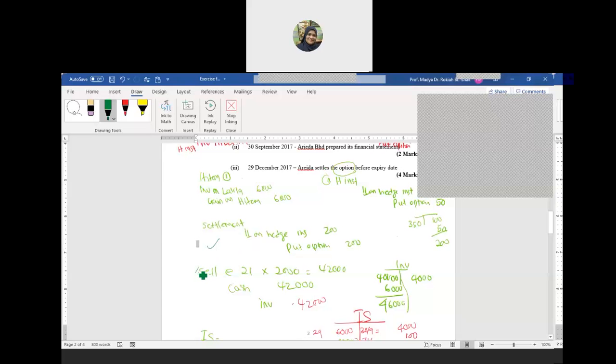We don't need to exercise this to sell the shares, because if you refer to the option price, you can sell the shares only at the price of 20, but the market value is 21. So that's why you don't need to exercise your option, because once you exercise your option, you need to sell at the price of 20.